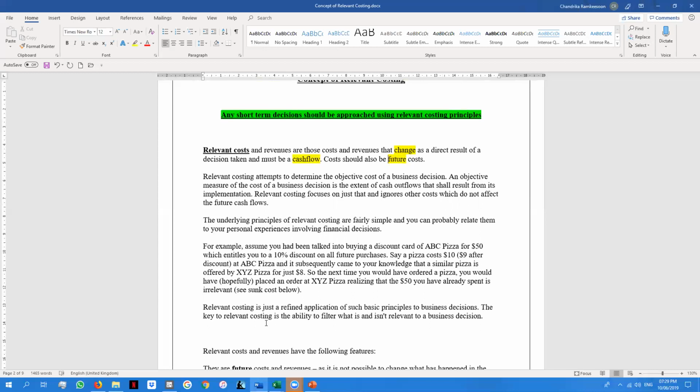So notice you purchased a $50 discount card from ABC Pizza, and the purpose of it is that on all future purchases, you will get 10% discount. So instead of paying $10, you'll pay $9.